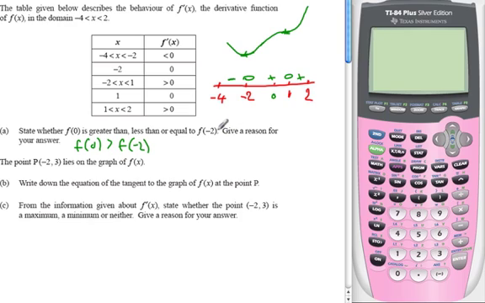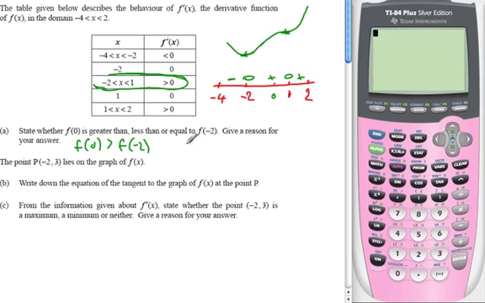It says give a reason. Well, essentially the reason is this here. The gradient is positive between these two places, so from -2 up to 0, it gets bigger.